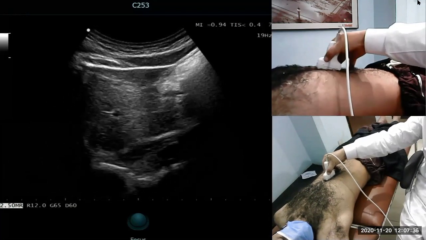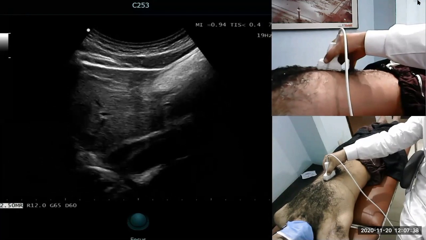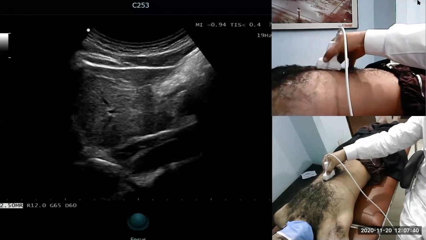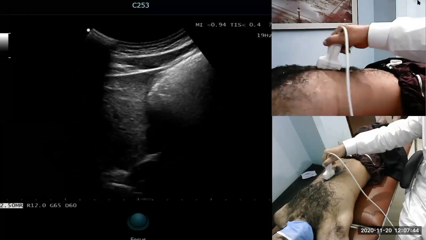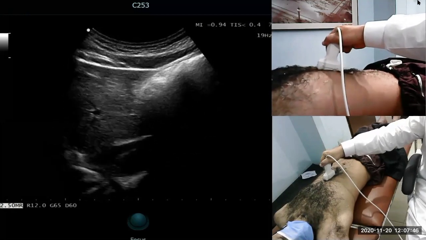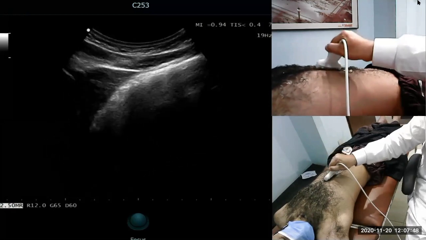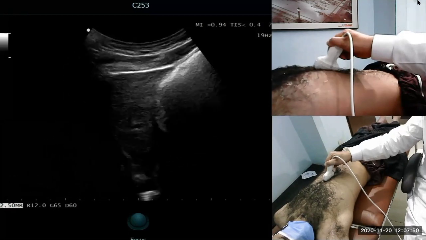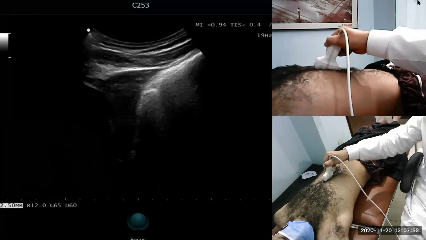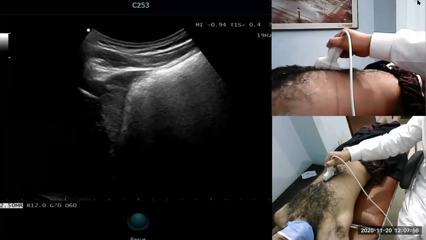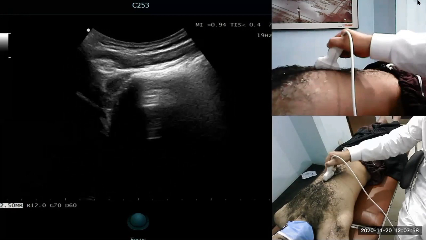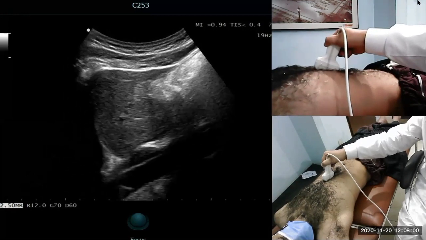So now we are going to start with the abdominal workup. What are we going to see? We place the probe here in the epigastrium and we tilt leftwards to start with. This is important. I'm tilting leftwards to see the left side of the left hepatic lobe.